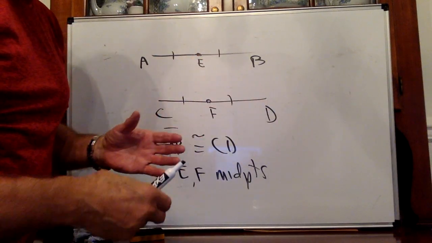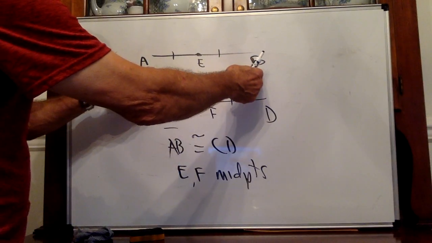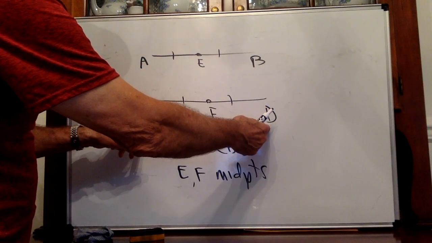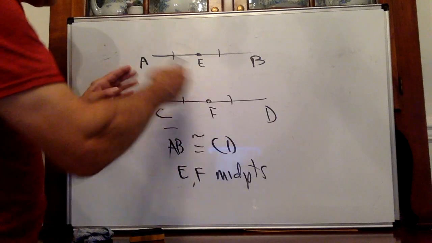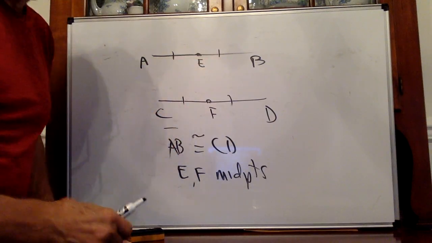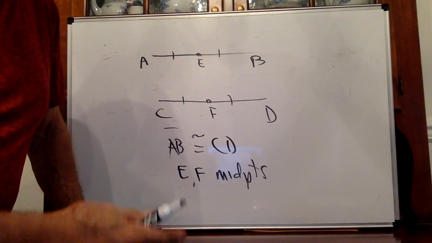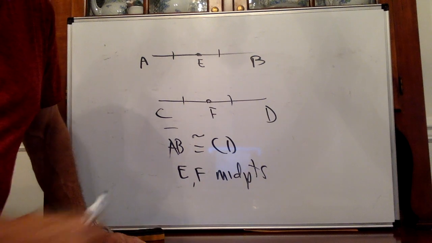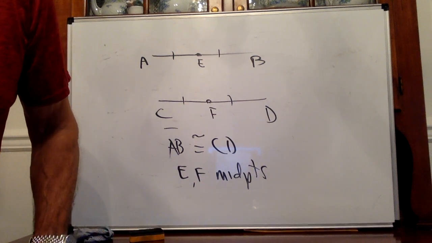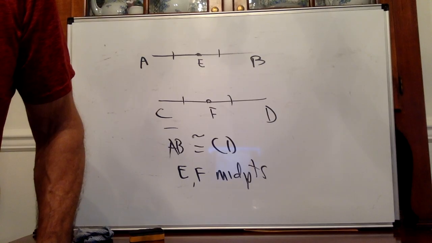If I have 2 whole line segments, AB and CD congruent, and I cut each of them in half, then all of these halves have to be congruent, and I would accept either multiplication or division for that one. You multiply by a half, or you divide by 2.